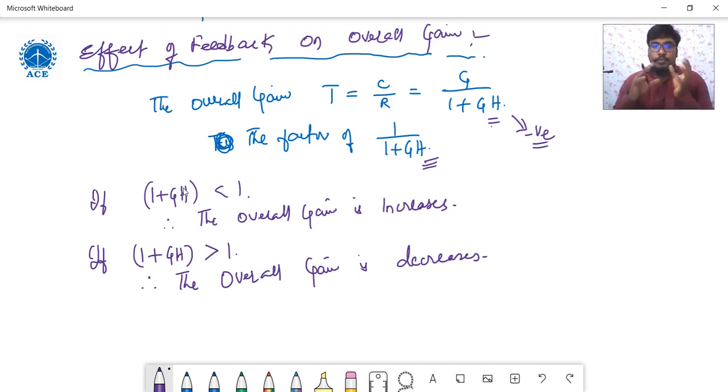In negative feedback, whenever this feedback factor is less than 1, the overall gain will increase. When this feedback factor is greater than 1, it will decrease. This will be opposite in positive feedback.